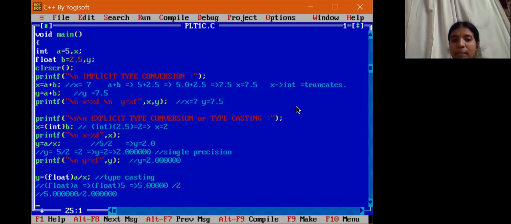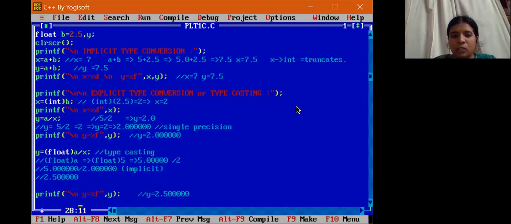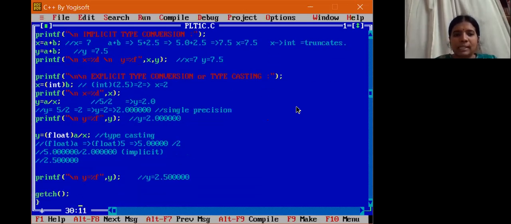So implicit conversion happens here. First was explicit and then an implicit happens to convert this arithmetic operation into a real arithmetic operation. And the answer of real arithmetic is always real or float. So the answer is 2.500000. In this case, y now stores the value 2.500000.